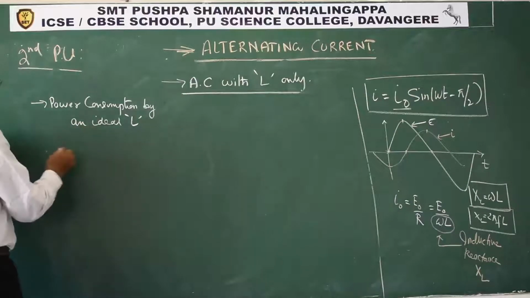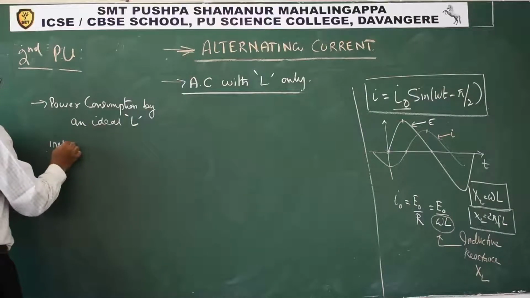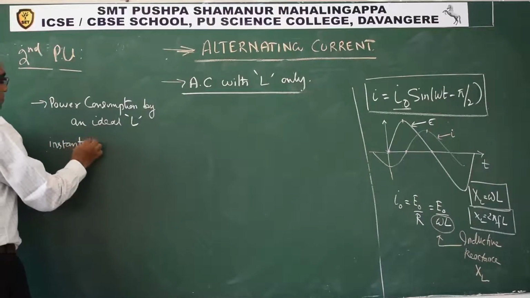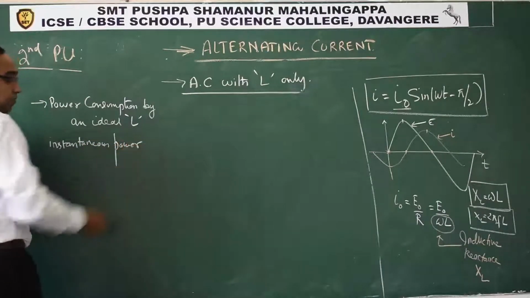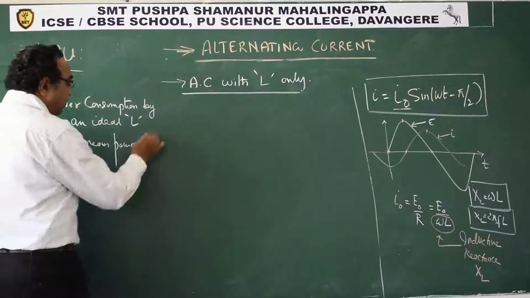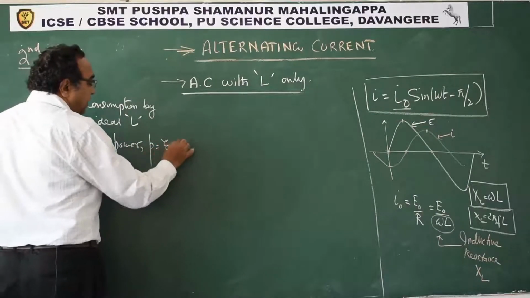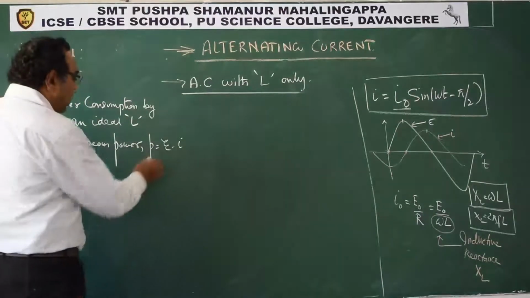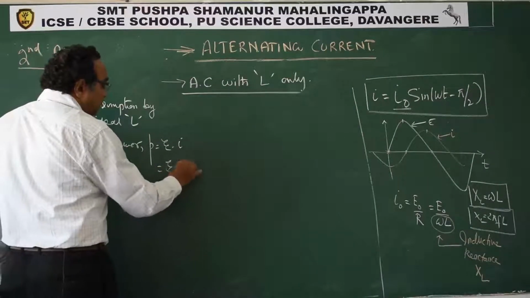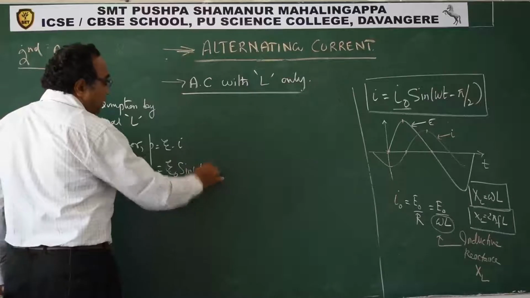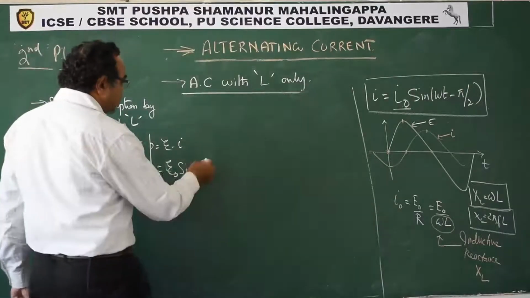Power consumption, as we have seen, instantaneous power. Because it is a function of time, instantaneous power, we take it as EI. E is what? E naught sine of omega t. And I is what?